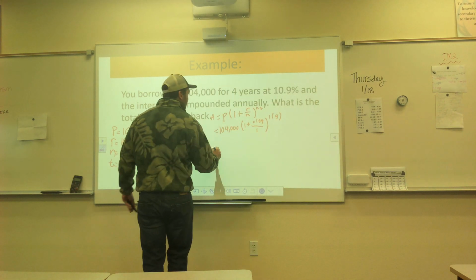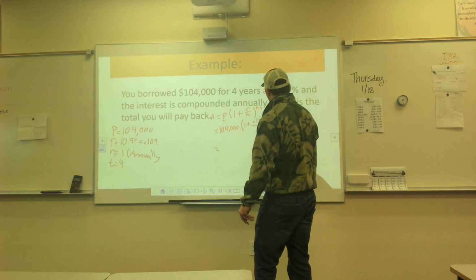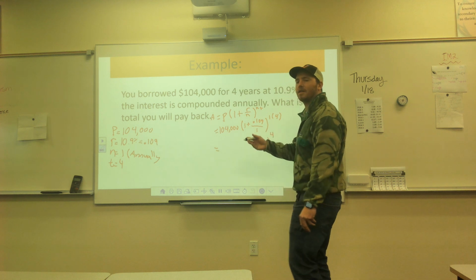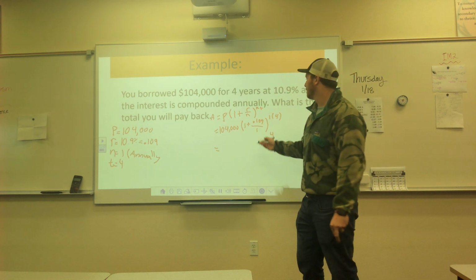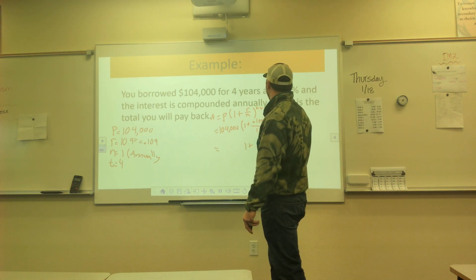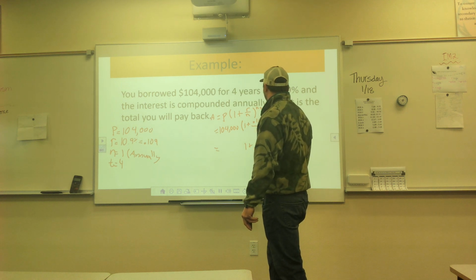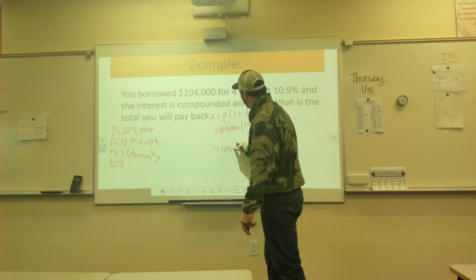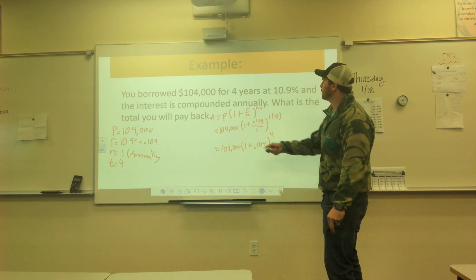So now let's just clean it up. 1 times 4 is 4. Clean this up because it's simple division: anything divided by 1 is itself, right? You remember that fact? 0.109 divided by 1 is 0.109. All right, order of operations.